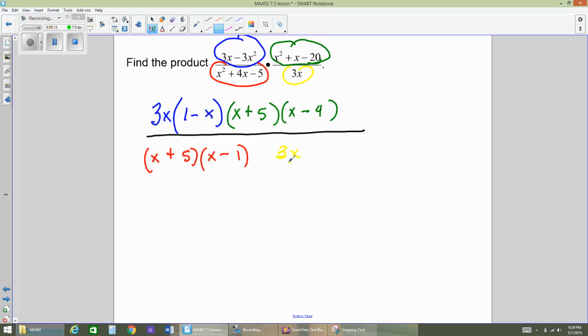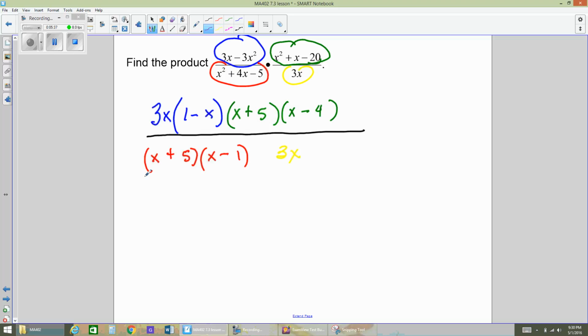So let's review what we've done. We drew one big dividing line. Because it's a product, we know that basically it's all on top and it's all on bottom. We didn't actually multiply anything. We did factor, and now we get to grab another color and cancel stuff.